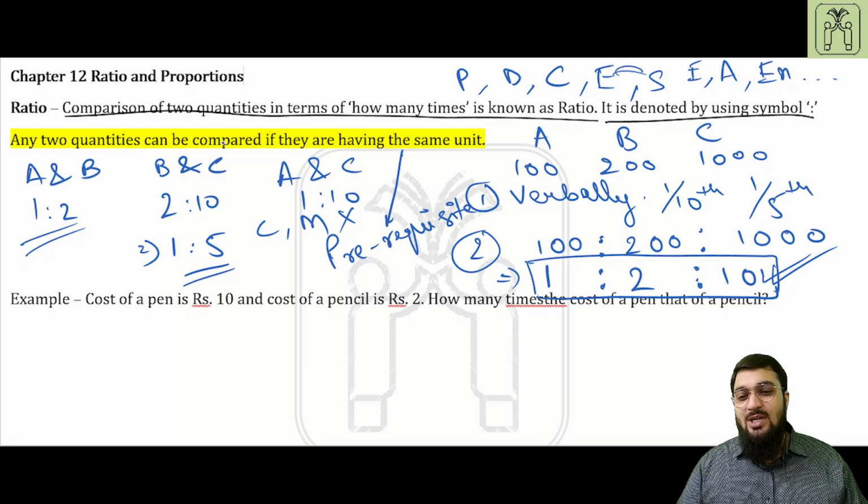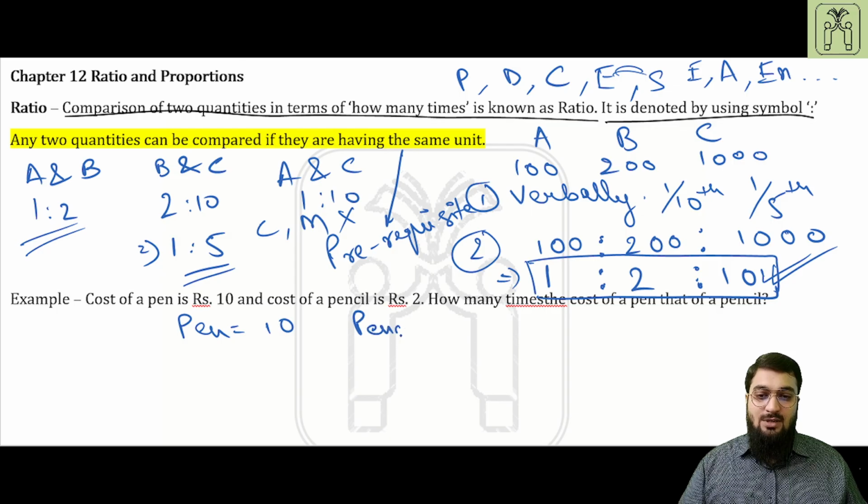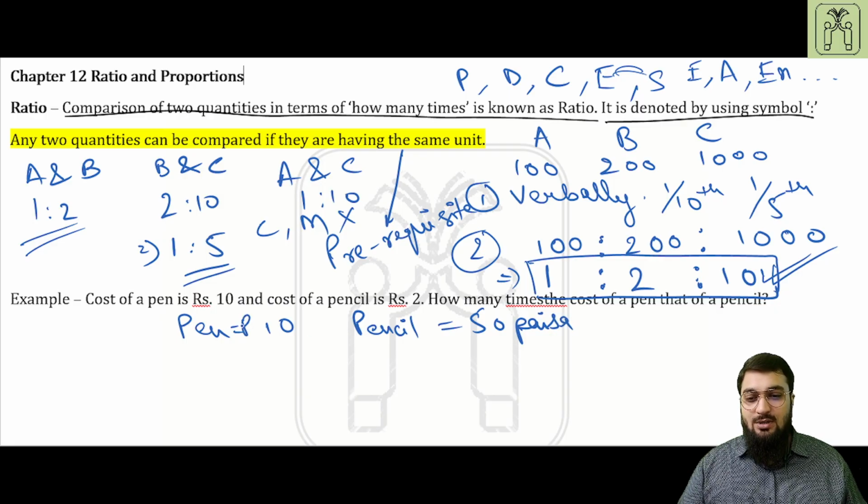So any two quantities can be compared if they have the same unit. For example, if I say that I have a pen that costs me 10 rupees and a pencil that costs me 50 paisa, paisa and rupees are not the same. You have to convert them, as I told you before, in the decimal part or in the fraction part.